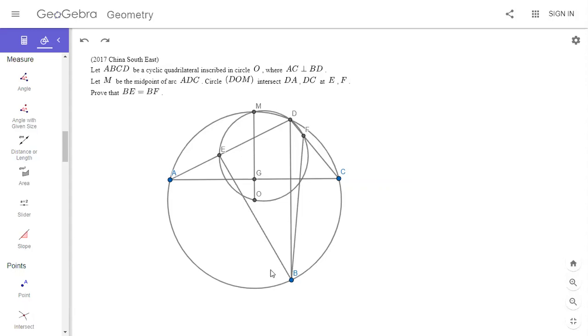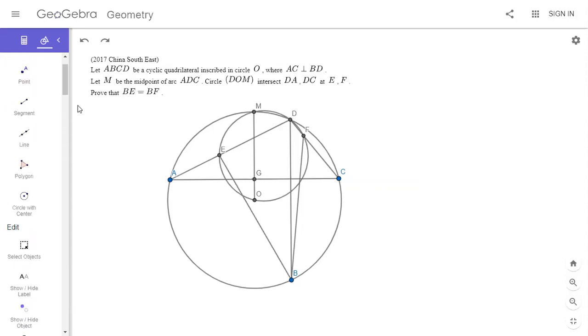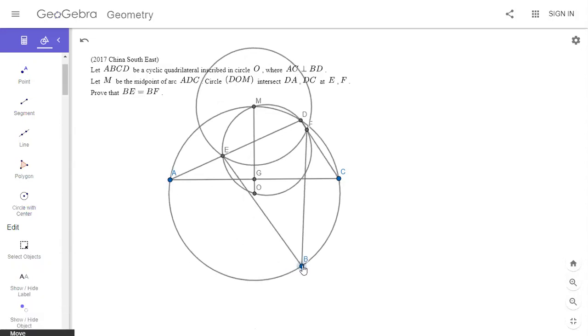Yeah, so that would mean that if I extend BE and BF to meet the circle, is ME equal to MF? Let's see. Yes, it sure looks like it.